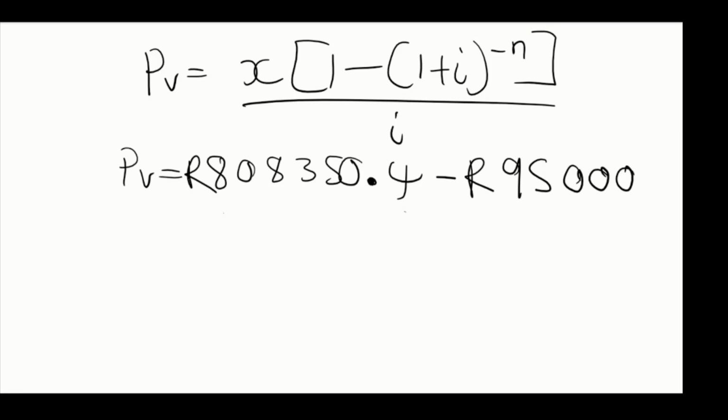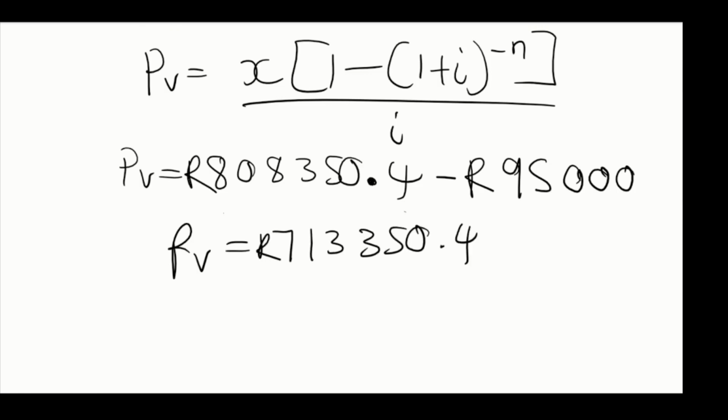So what you're going to do is subtract, so now PV is equal to 713,350.4.